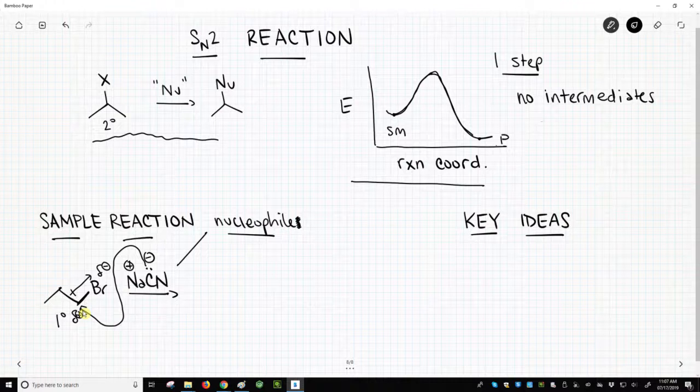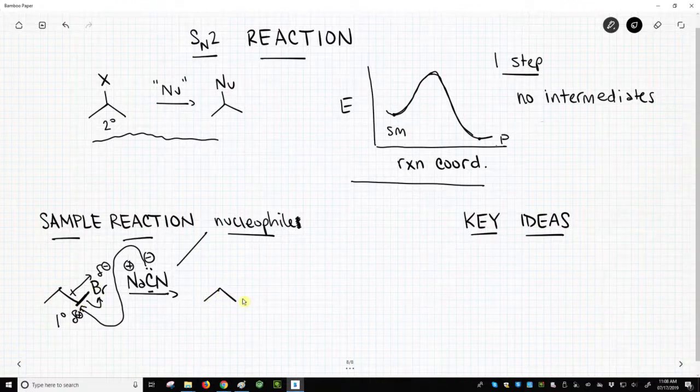So what we're drawing with that mechanism arrow is the formation of a new carbon-carbon bond between this carbon of cyanide and the carbon of our halide. Now that carbon already has 4 bonds. We haven't drawn 2 hydrogens, but there are 2 hydrogens. So in order to keep from expanding our octet, we have to break an old bond, and this bromine then accepts the electron density in this carbon-bromine bond, and it leaves.